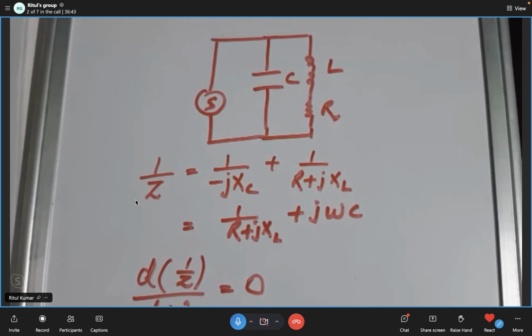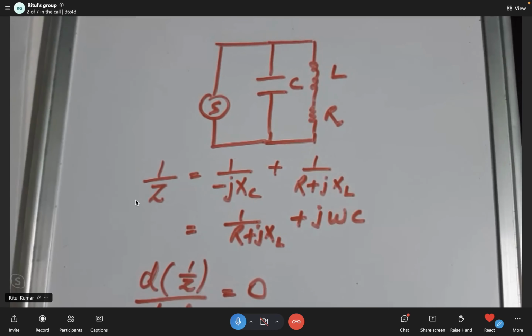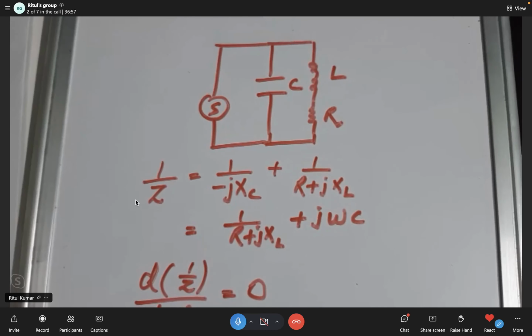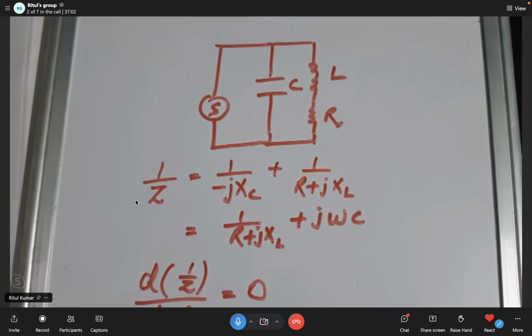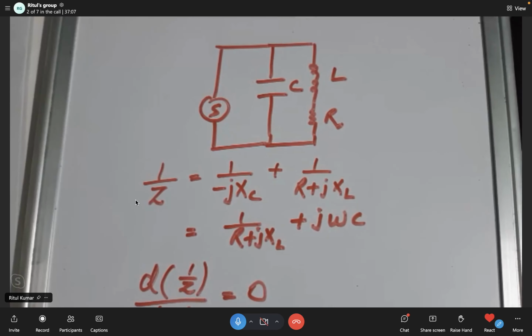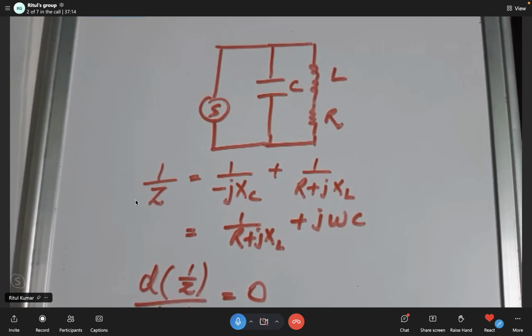And that should be equal to 0. So you get ln of R plus J omega L should be equal to, wait, this is not right. Okay, no, never mind, there's a minus that gets cancelled out. So the J is cancelled out, the minus is equal to LC. So you get R plus J omega L should be equal to e to the LC, minus R by JL. You get omega as e to the LC minus R by JL.